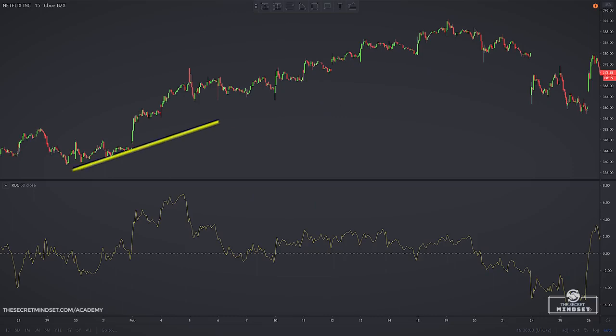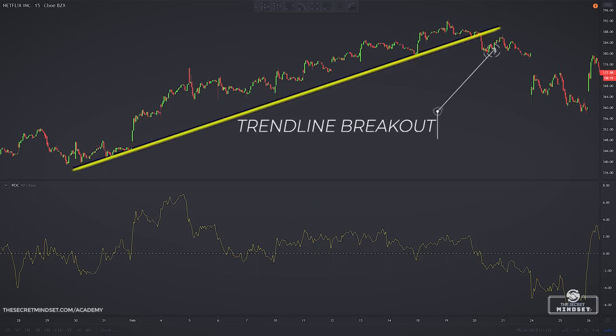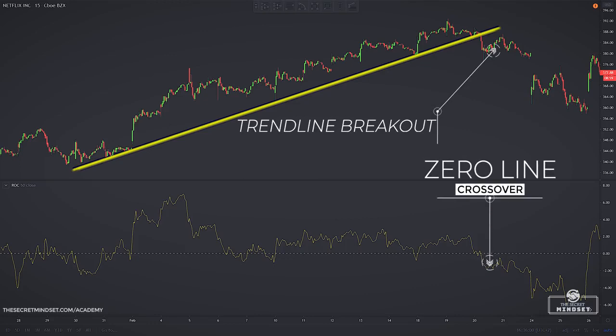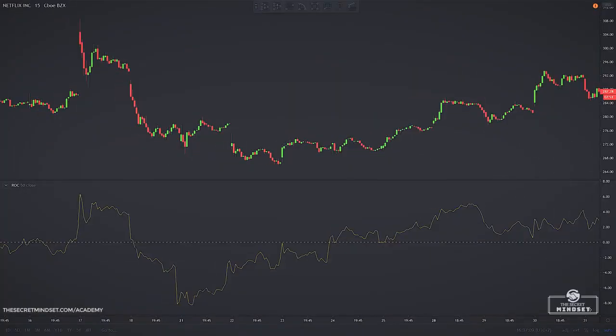One method to time the divergence and filter the bad signals is to wait for a trendline breakout on the chart. Also, you can wait for the price rate of change to cross below zero level. In this example, we can see an instance of divergence that is forming. Here, price posted a lower low, but the rate of change oscillator posted a higher low.